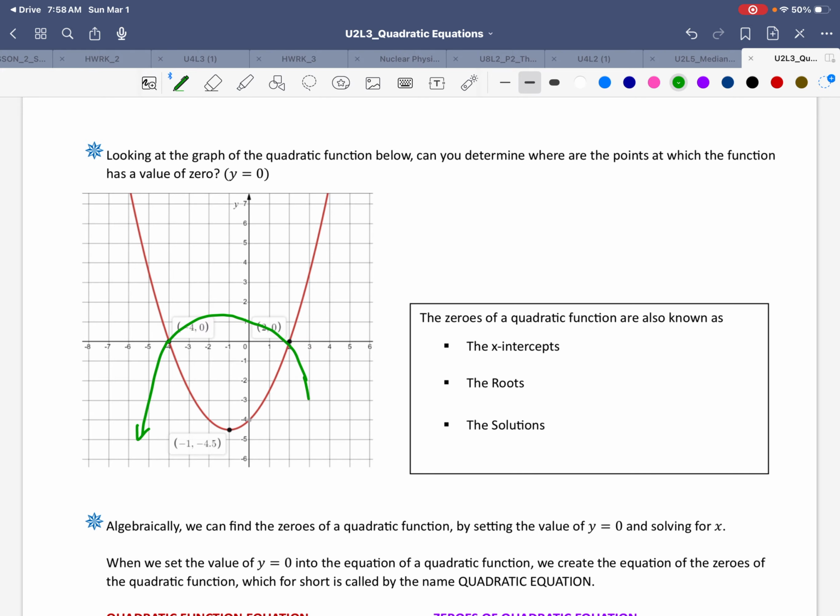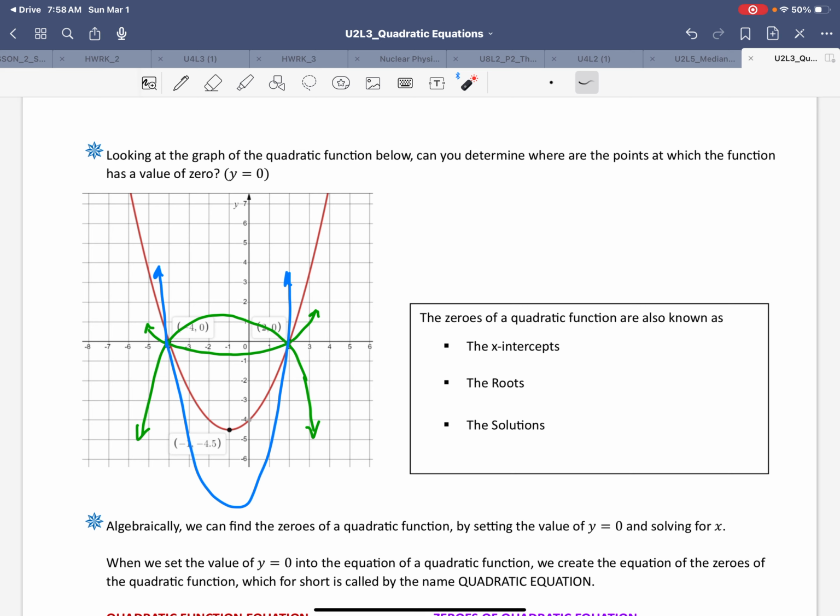Sorry, this is not a perfect parabola. Or you can have a graph that looks like this, for example, or you can have a graph that looks like this as well. Now I want you to think, what is the difference between all these graphs that have the same zeros? What makes them have a different kind of shape? I mean, the shape is parabolic, but a different kind of orientation would be the better word. But their roots are the same.